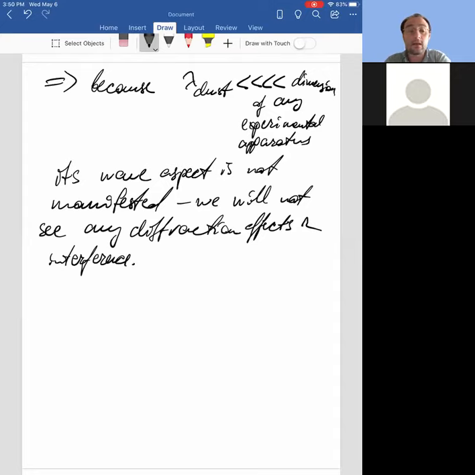Atoms in crystals act like a diffraction grating, periodic position of atoms. And this is why Davisson and Germer observed diffraction of electrons off of crystals.